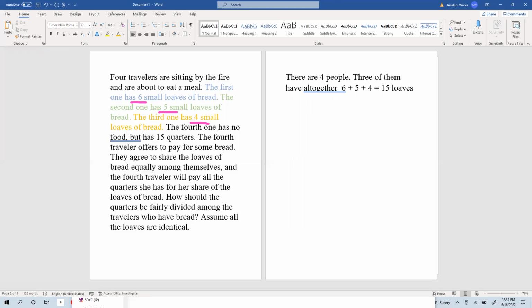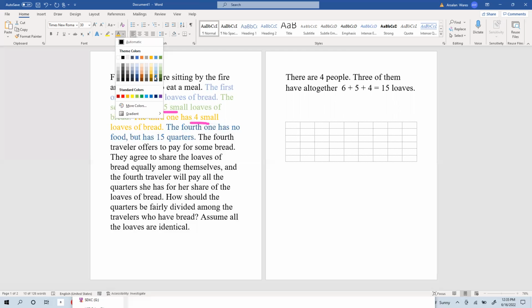Now, if I had 3 people altogether who wanted to share, I would be in very good shape. The catch is the 4th person, who doesn't have any bread, so let's change the color of this sentence to red. She's saying, let's share all the loaves together, and whatever money I can give you, I'm willing to spend all 15 quarters.